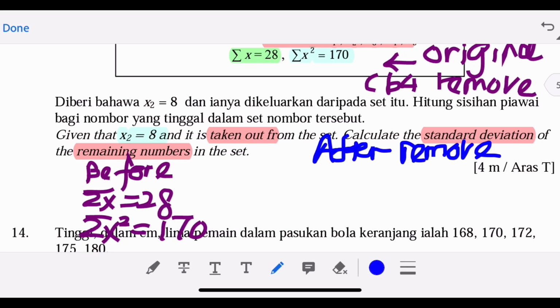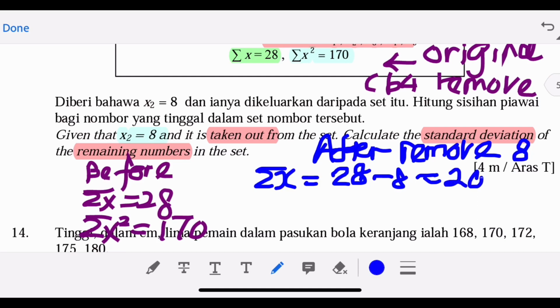After you remove the 8, there are changes to the number of data and the sum of the data. The sum of data becomes 28 minus 8. Clear? So now the sum of data becomes 20 because you throw away the 8, right? And the sum of data square is 170, you have to minus 8 square, because it's the sum of the data square.